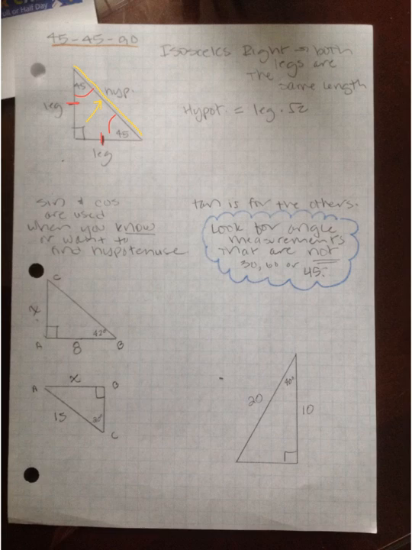So if you were to look at this first example down here, are you using the sine or cosine or the tangent? And this is where you have to say, well, there's no hypotenuse here. I'm not looking for it. There's no number where the hypotenuse is. That's your hypotenuse. So I'm using the tangent.